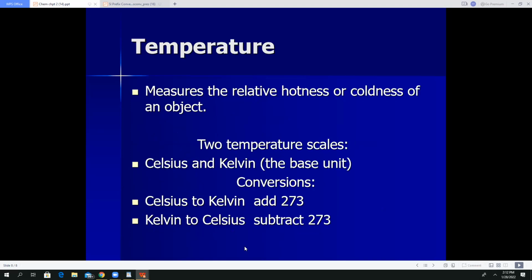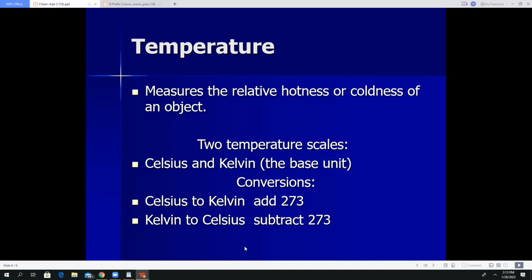Temperature is the other variable that we're going to measure, not measure, but calculate and convert. It is the relative measure of the hotness or coldness of an object.